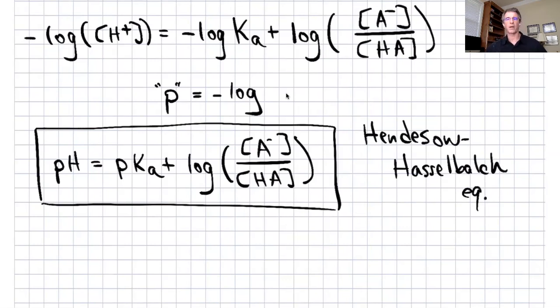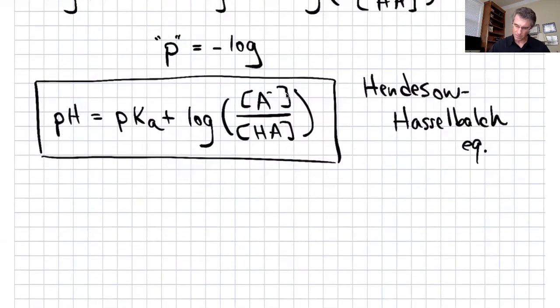Where Henderson and Hasselbalch, working off of Sorensen's idea, came up with this really simple transformation of the weak acid, weak base equilibrium expression into something that is an incredibly simple and usable tool, whereby if one knows the equilibrium constant for a particular conjugate acid or conjugate base, and if you know the concentrations of the conjugate acid and base you have in solution, you can calculate then with precision the pH of a solution, right?